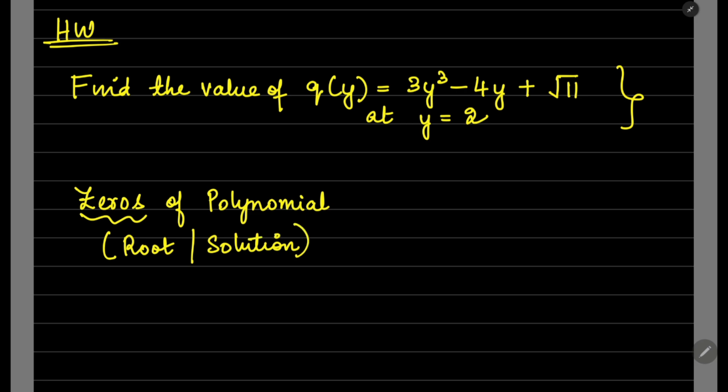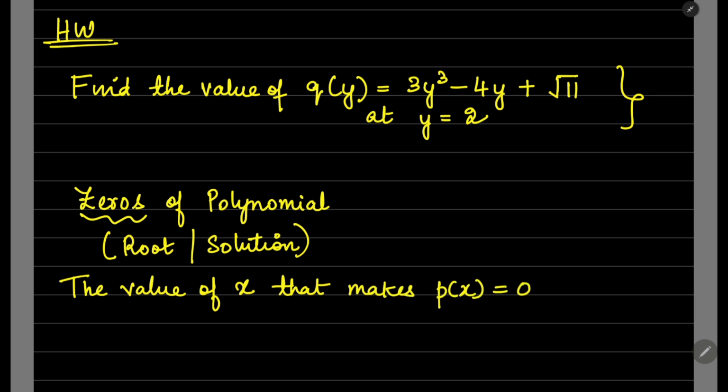The value of x that makes P of x equal to 0. That x, which when substituted will give you P of x value as 0.